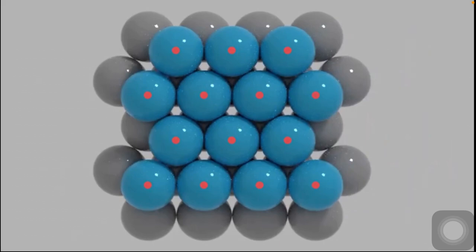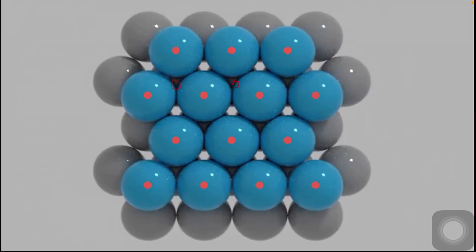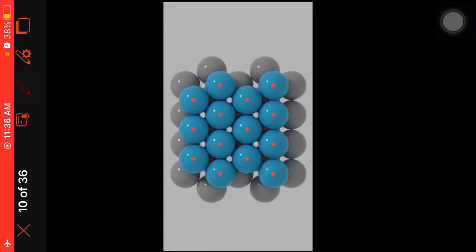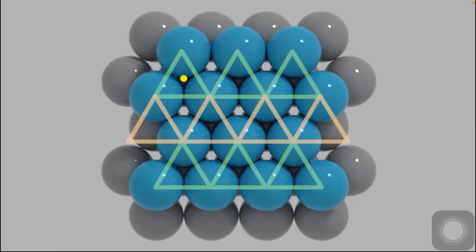Now next, how can we place the third layer on this second layer? For the third layer, again mark these voids. Clear? If we mark all these voids, this is the side view for two layers, and mark these voids which are present between the first layer and second layer, like this.